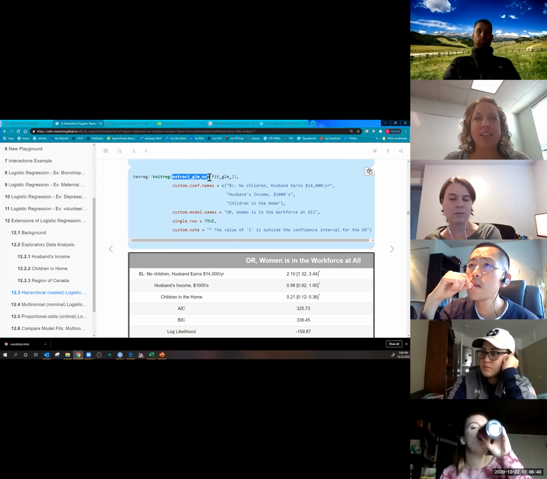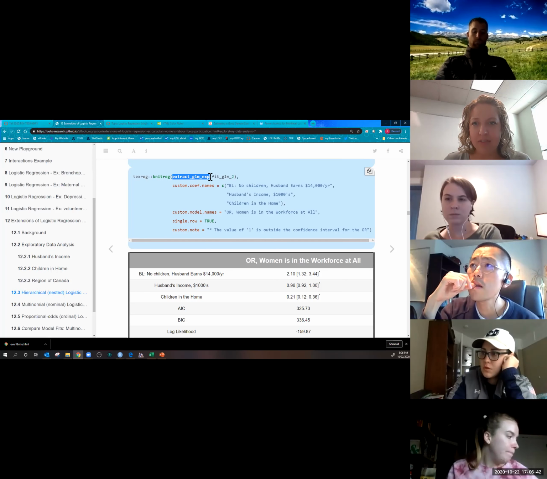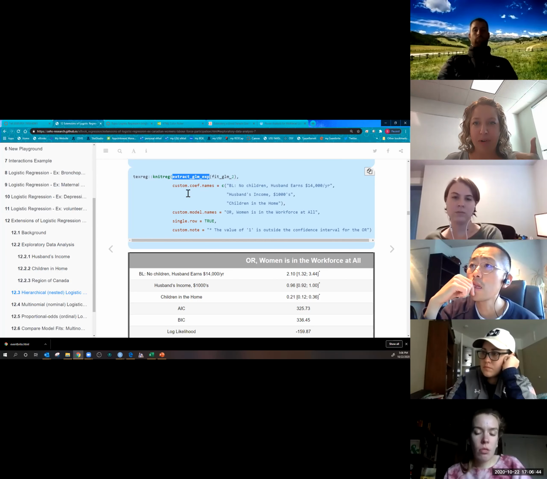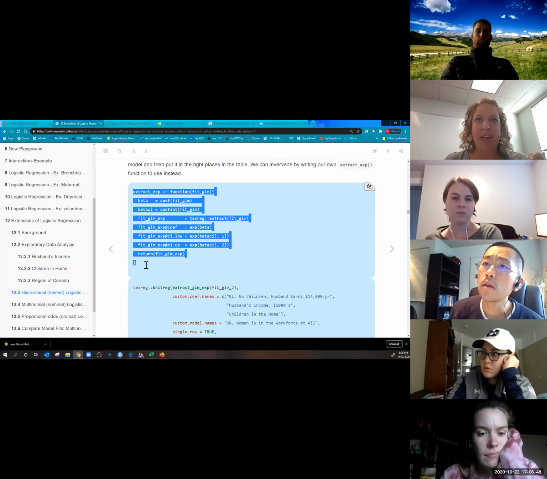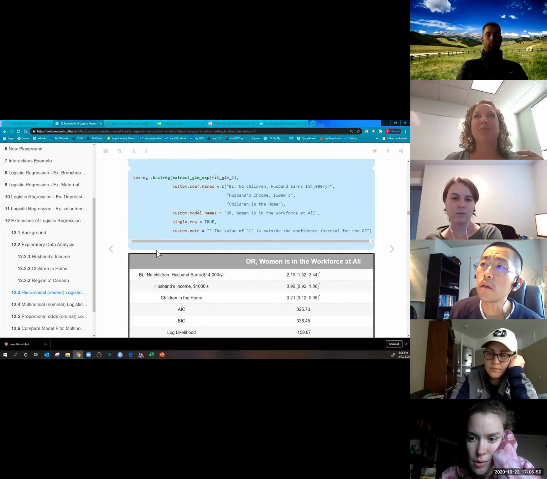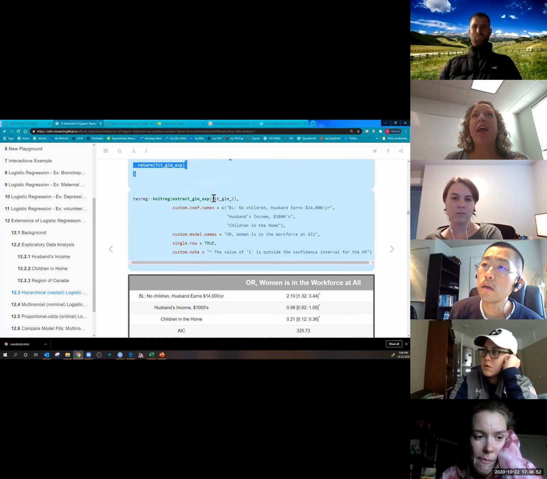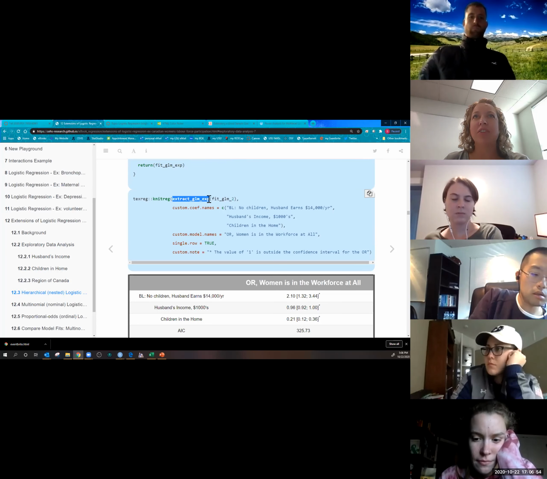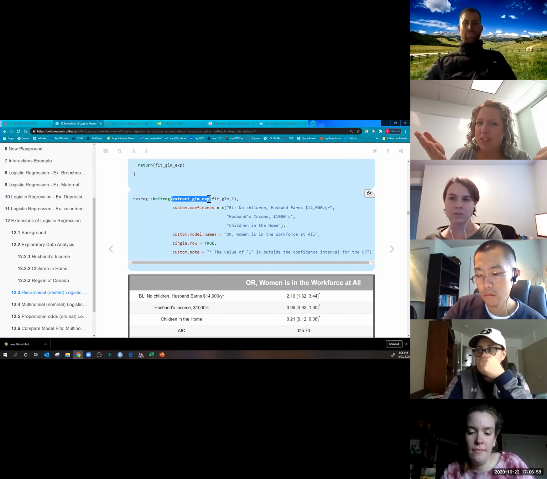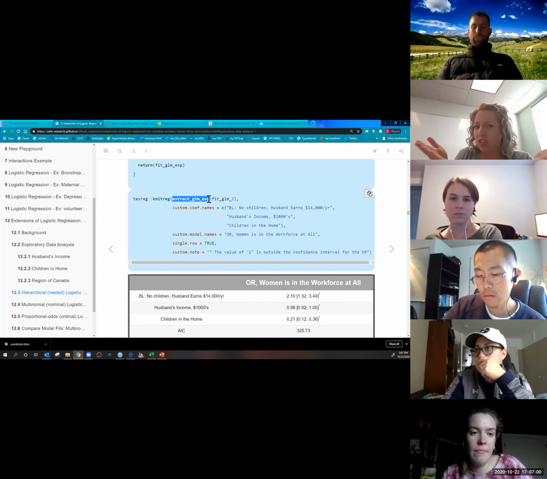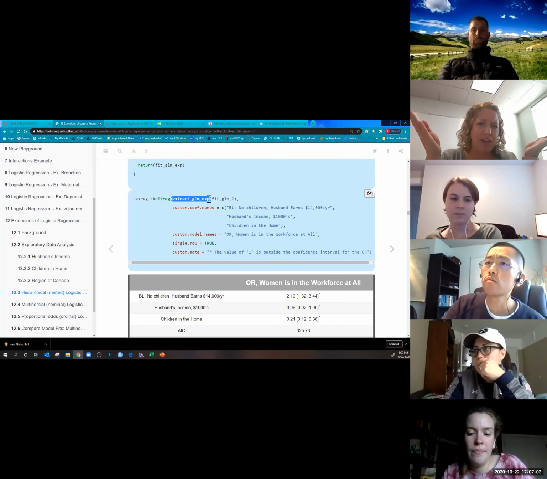Now we saw this extractGLMexp function, the TechReg helper function, last time. When I first wrote it, I just wrote it here on the web page, and then I put it in the package. But so here we go. So I extracted the parameters and exponentiated them. Why do we exponentiate the parameter estimates in logistic regression? What good does that do?